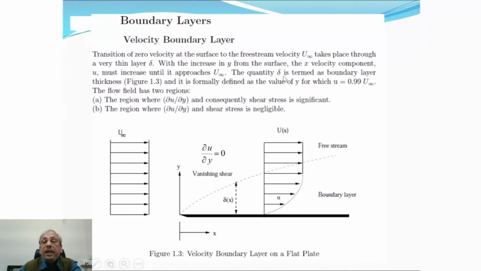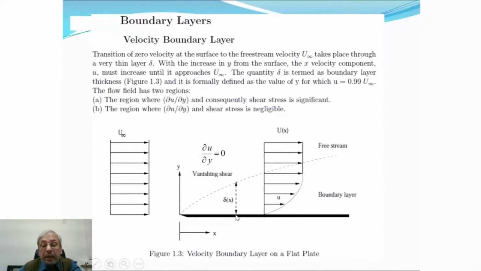The quantity delta is termed as boundary layer thickness. From this picture we can see, and it is formally defined as the value of y for which u becomes 99% of u infinity. So in the picture, it's a flat plate, and the approach flow is uniform everywhere, u infinity. It is coming onto the flat plate.